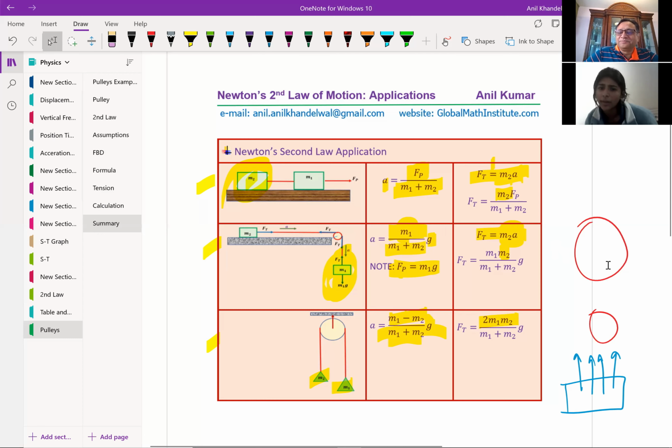Wait, so with friction, do they specify in the question, or do we always assume that there isn't any? They will tell you mu is the friction, and it is, let's say, 0.5. Friction is always a constant number and it is between two surfaces. Depending on the surface, we have different friction constants. It is called the coefficient of friction. So we'll take that up in the next lesson, okay? That sounds interesting.